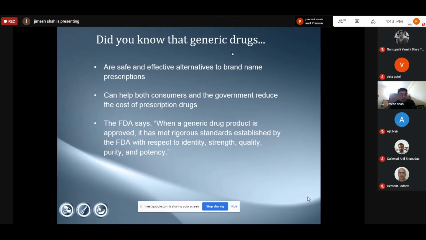They help both consumers and the government reduce the cost of prescription drugs. The FDA and the EMA, the European authority, say that when a generic drug product is approved, it has met rigorous standards established with respect to identity, strength, quality, purity, and potency. Industry is very keen to develop generic drugs compared to the reference product, which is very costly in the market. To cater to that, industry is always effective in providing generic drug development.